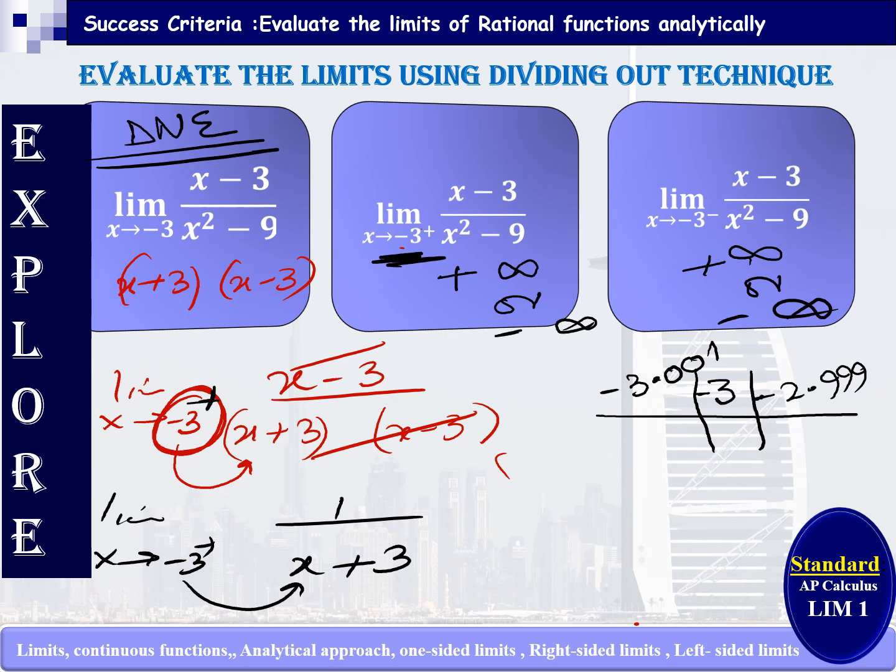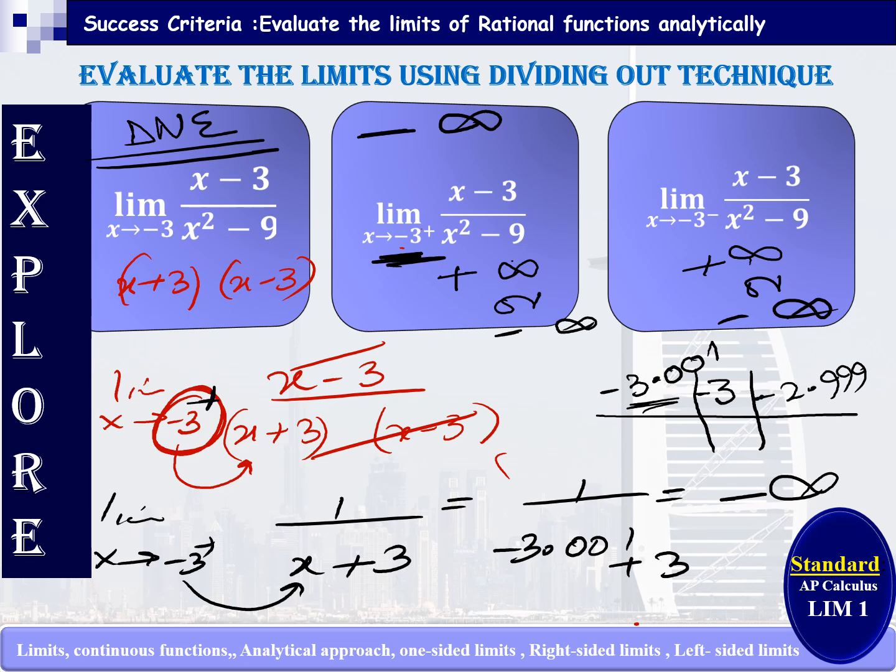But since writing negative 3 will give 0, I only need to find out whether it is plus infinity or negative infinity. I will apply another part. In place of x, I will write negative 3.001. This I only do whenever I have an infinity answer. So I will get a negative answer, so I write here negative infinity as my answer.